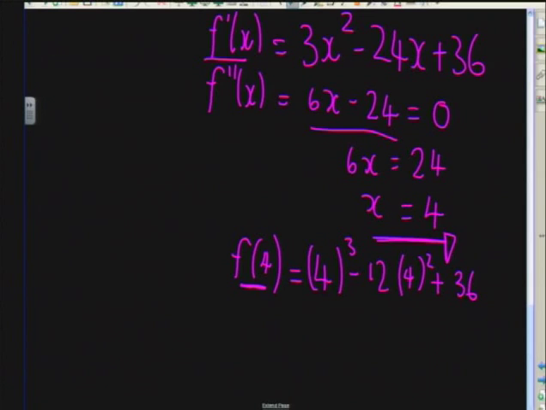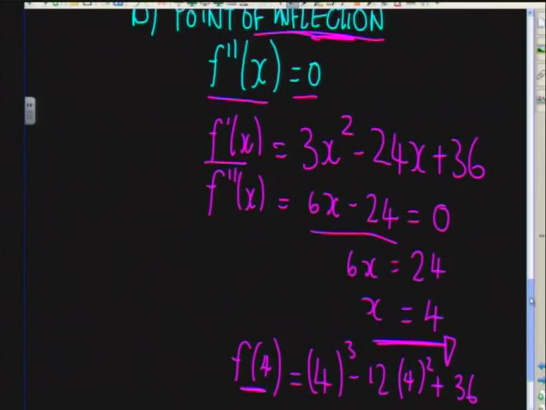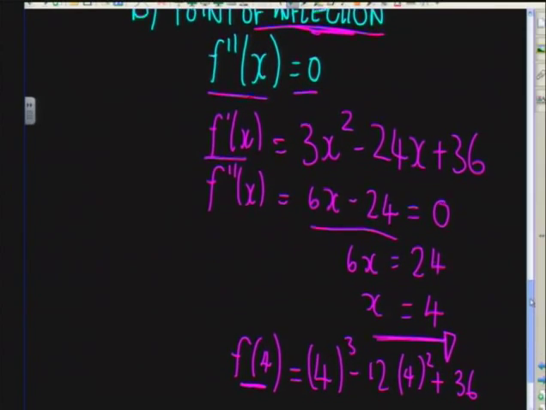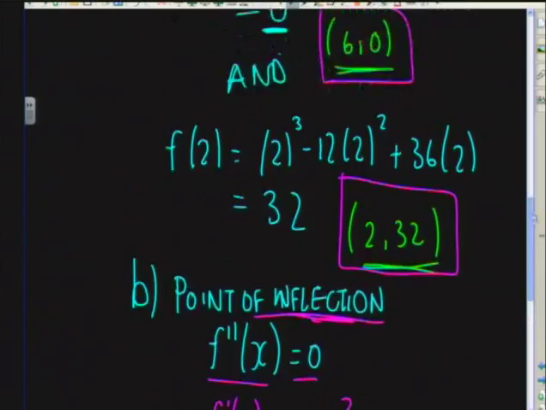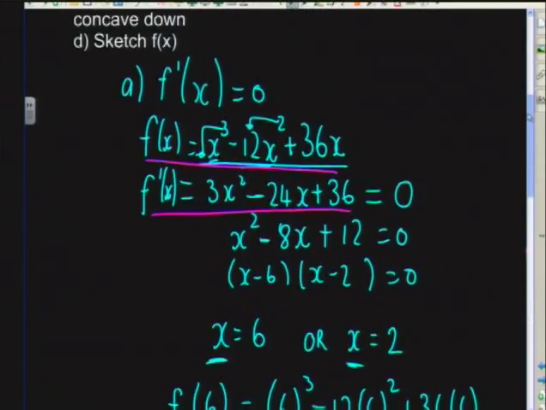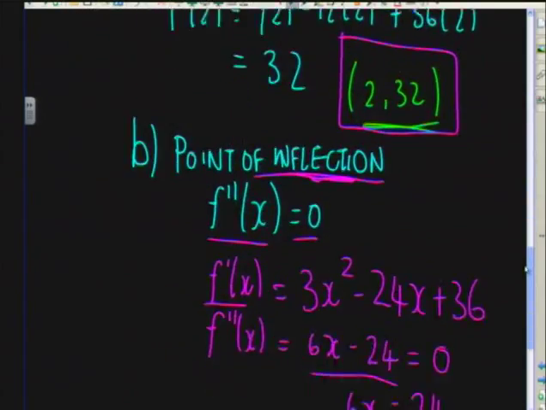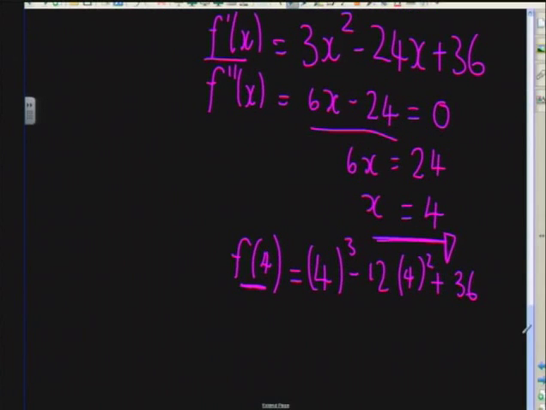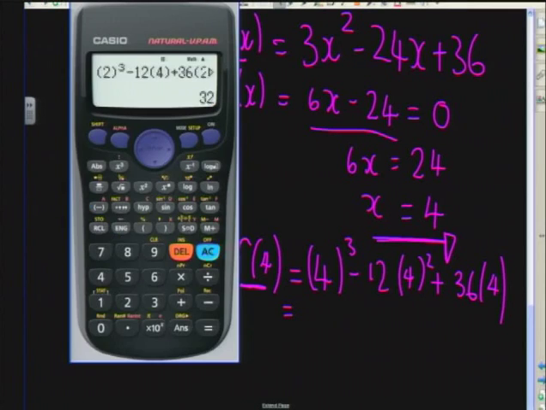Okay, let me just double check that. Our function value was x cubed minus 12x squared plus 36 times x, so 36 times 4. Put that into your calculator. Let's just do that again.